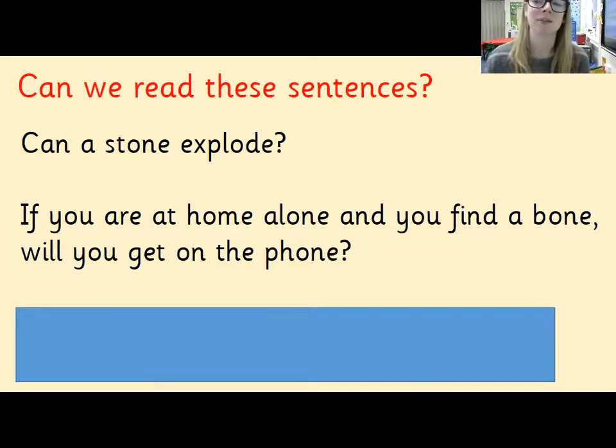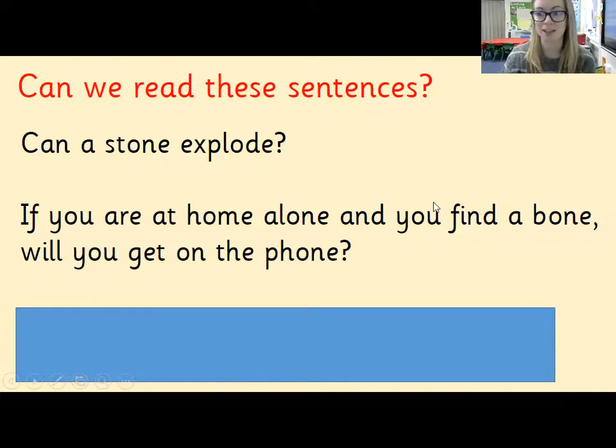Okay, next one. Oh, this is a bit of a long one. If you are at home, that doesn't sound right. It must be that split digraph. Home, alone, and you find. Now, I've said the I sound here for this letter on its own. We're going to think about that next week. Because if I sound out find, that doesn't make sense, does it?